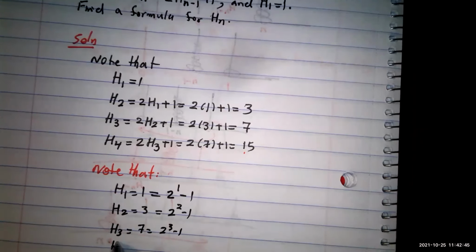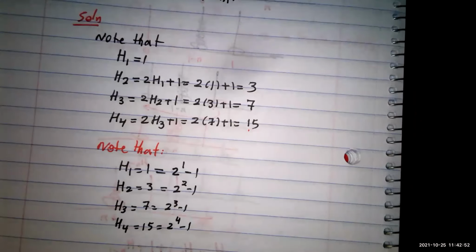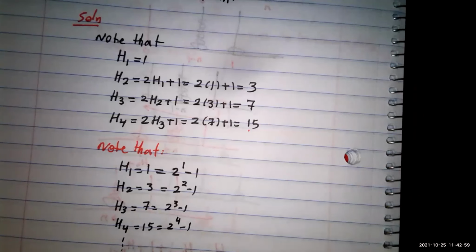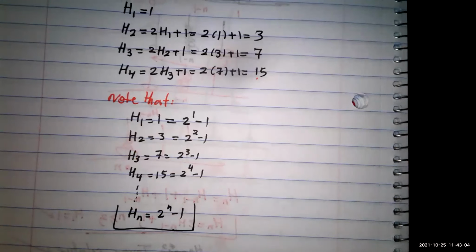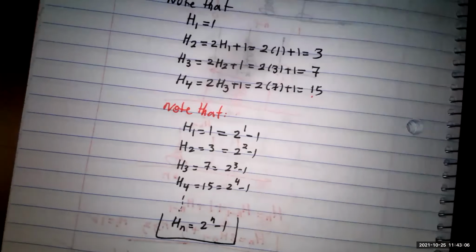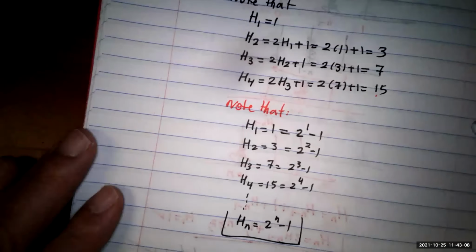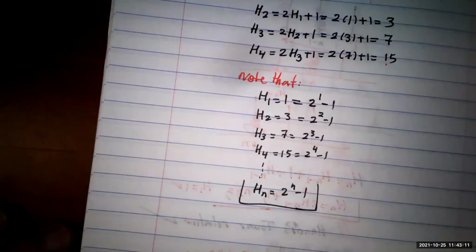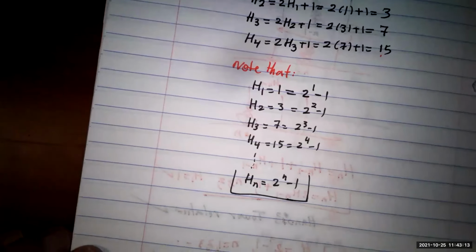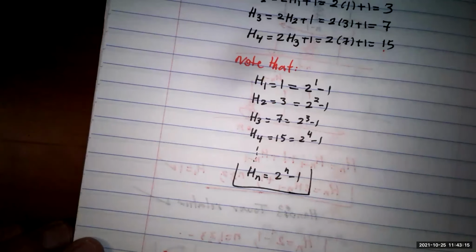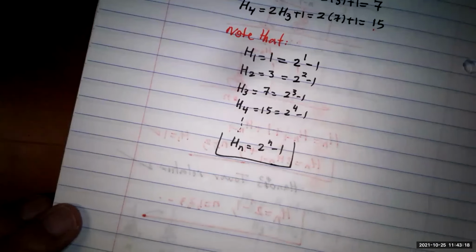Now we get the idea. Even H4, 15, would be 2 to the 4 minus 1. Okay, so now you can claim that Hn must be 2 to the n minus 1. Okay, any question? But that's a claim. So what we are going to do is prove this claim for you.